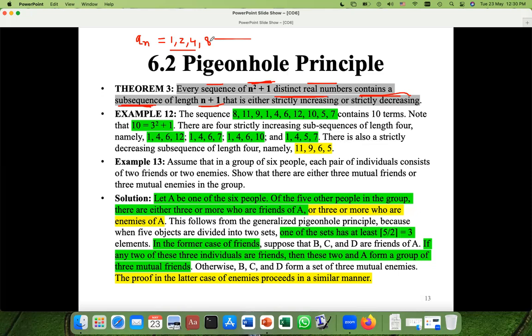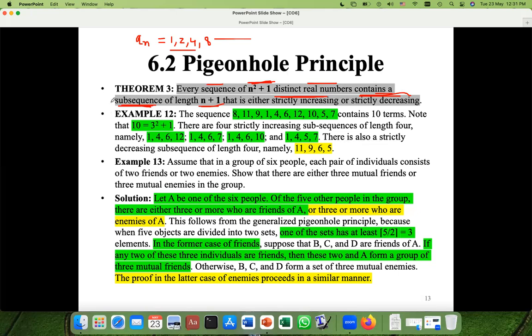Strictly decreasing is the opposite, in which you have the higher number first, lower numbers after. That is the definition, nothing else.